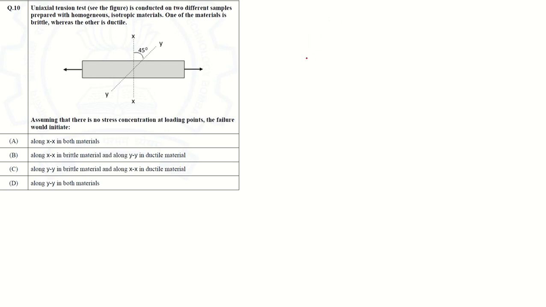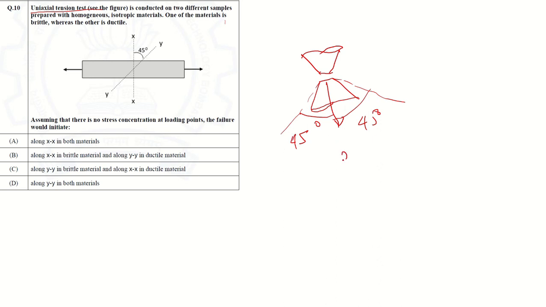If you take the uniaxial tension test on ductile material, it will form a 45 degree surface and then break.